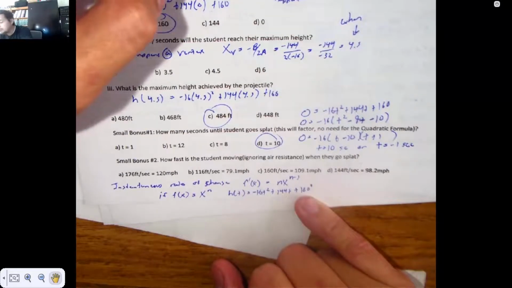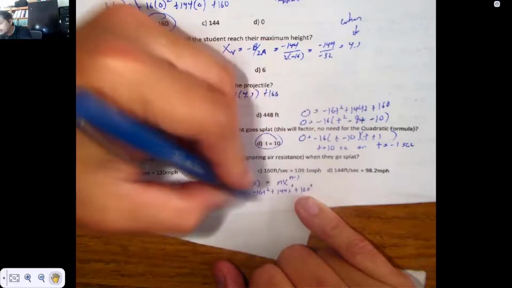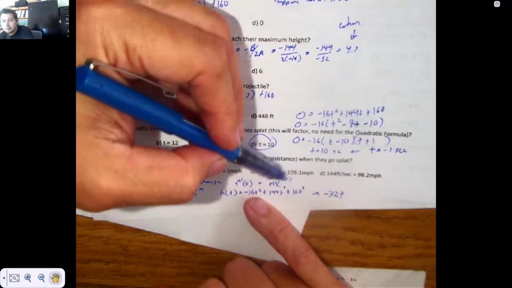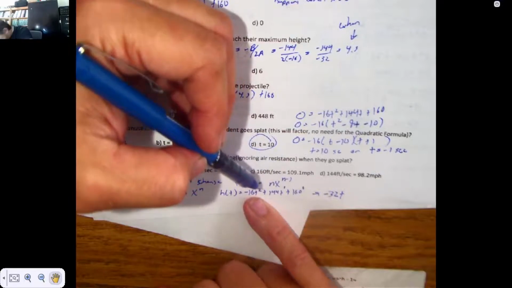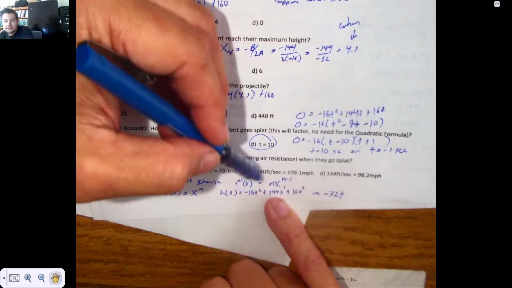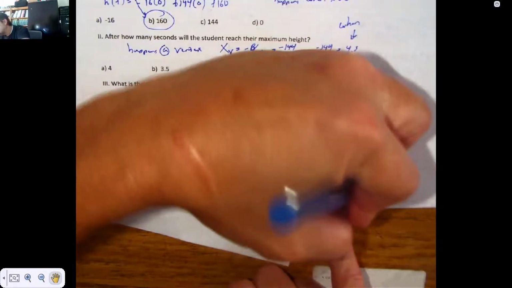Now, that 160 has an understood exponent of 0 attached to t, that t has an understood exponent of 1, and that one's got it squared. So if I kick in that rule, 2 times the negative 16 is negative 32t. This says take 1 away from the exponent. 2 minus 1 is the understood 1. Here, 1 times 144 is 144.